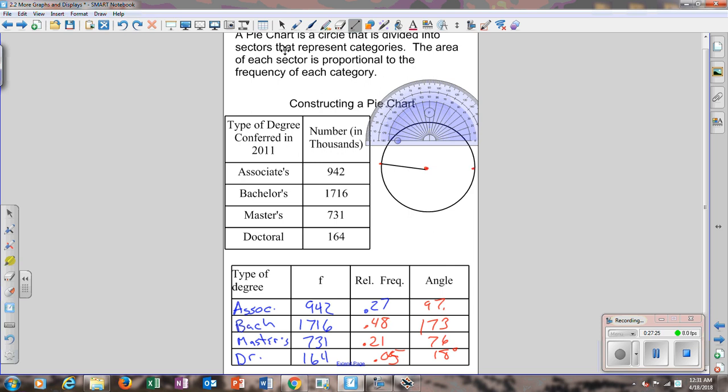You can see why making a pie chart is a hassle. So you would line up with that and then go 97 degrees. I really don't know how to make this protractor work on this thing.